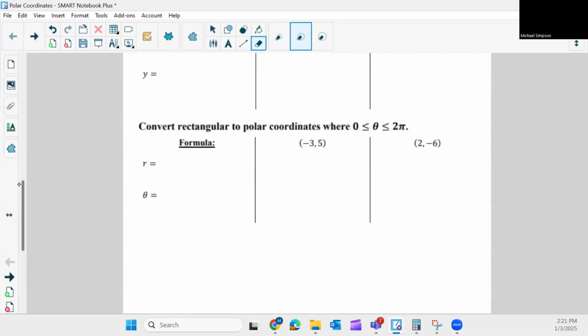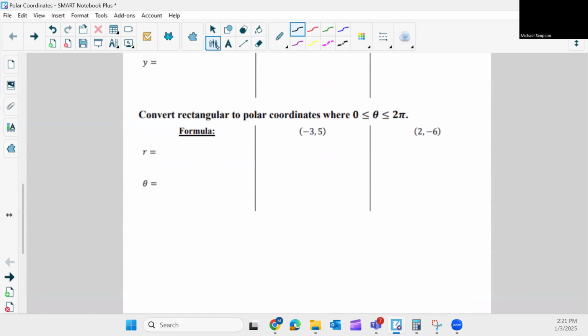Let's draw now again a rectangular coordinate system. The point is 2,-6. So let's call this 2 right here, and let's call this -6. So the point is in the fourth quadrant somewhere down here. Again, we want to go from x, y to r, theta.